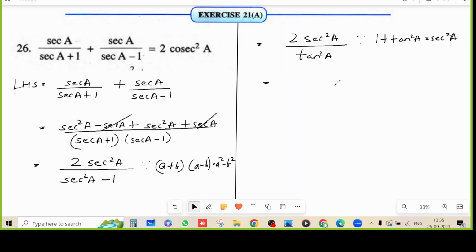Now we will convert the numerator and denominator in the form of sine and cos.